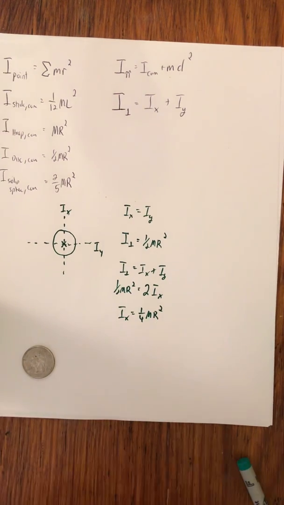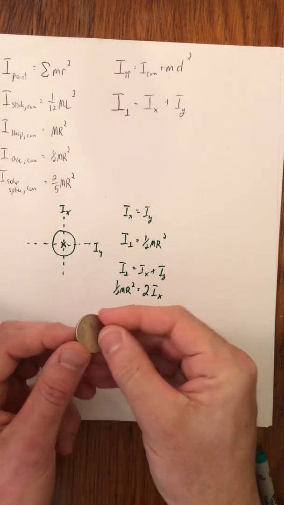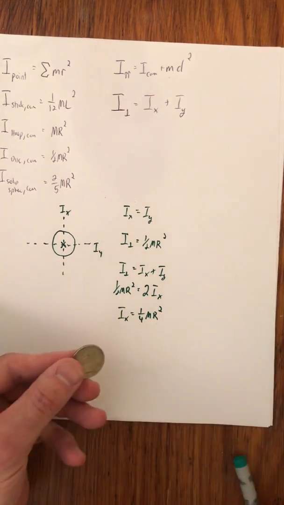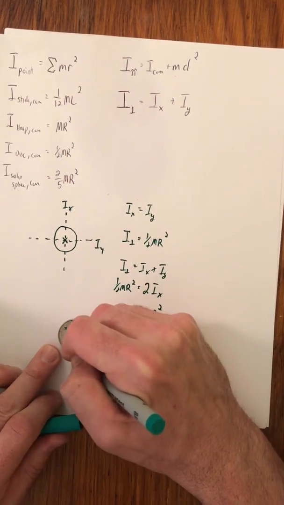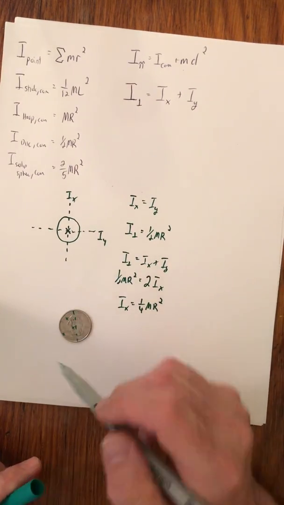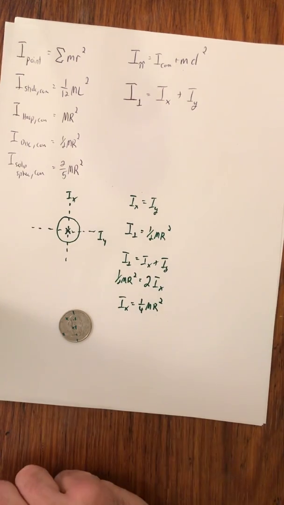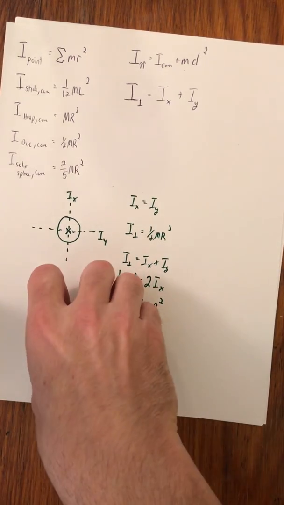And so that's a way we can use the perpendicular axis to take something that's very easy to know and turn it into something that's a little bit harder to know, because the integration here would be really difficult, because if this was the axis of rotation, individual bits of mass here would have different radial distances as a function of where along this axis it would be, and that's a very difficult integral to set up. And we want to avoid setting up difficult integrals when we can use symmetry and our rules to our advantage. So let's look at that through another perspective.